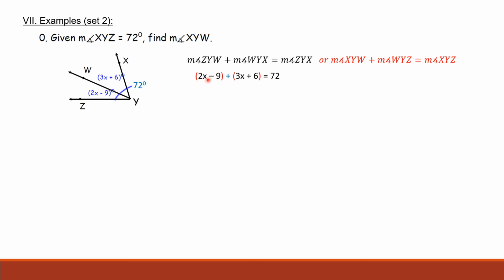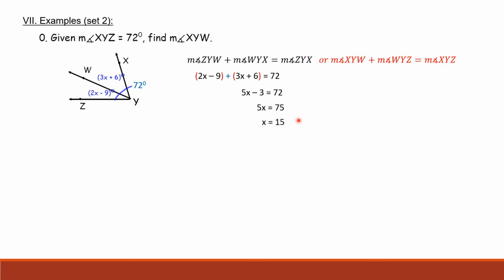So 2x plus 3x is 5x, negative 9 plus 6 is negative 3. So 5x minus 3 equals 72. We're going to isolate the x by adding 3 to both sides. So 5x equals 75. And then we're going to solve for x by dividing by 5 on the left and 5 on the right. So x is 15.